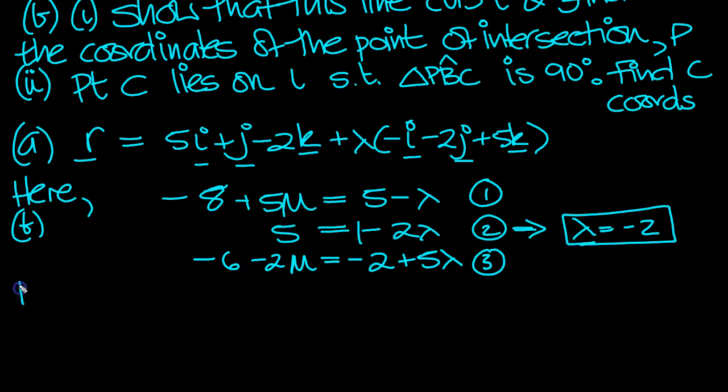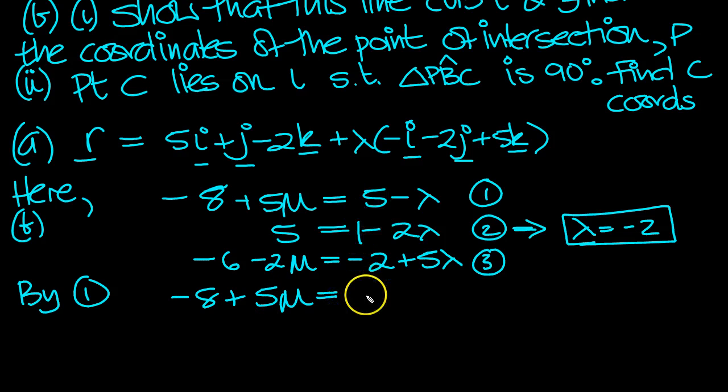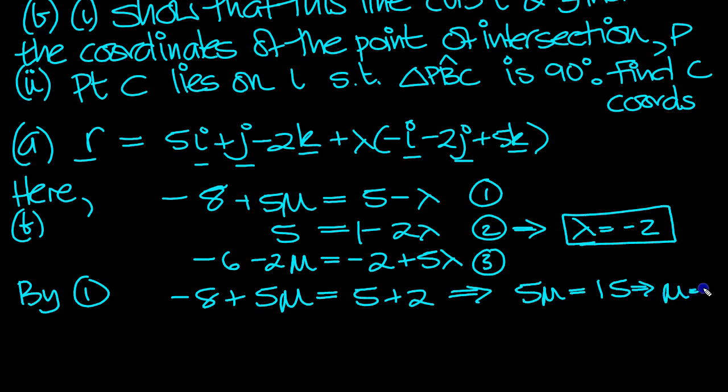By equation 1, minus 8 plus 5 mu is equal to 5 minus lambda, 5 plus 2. Move the 8 over, 5 mu is equal to 7 plus 8, which is 15. So that tells us what mu is: 15 over 5 is 3, so there's mu.